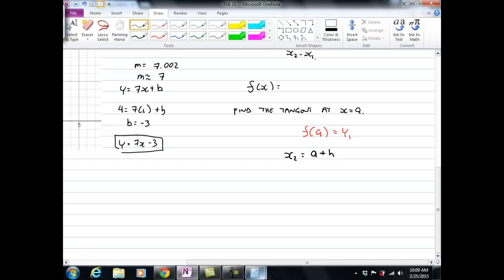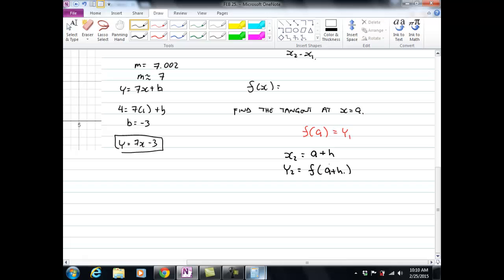We're going to go a plus h, because h can be any number, and you want that number to be as small as possible. So really y2, write down what y2 is then. Well, y2 really is f of a plus h. It's a really simple, easy concept. I start with x. Well, I know y1 is f of a.